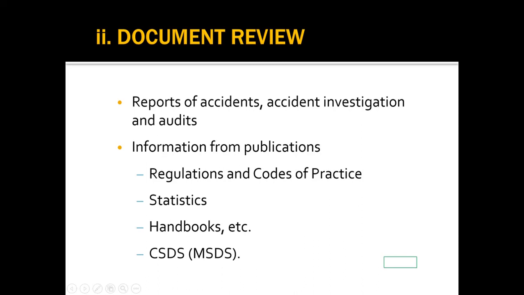And for the document review, you need reports of accident investigation and audits, and you need information from publications related to the regulation and code of practice, statistic handbook, and MSDS, or material safety data sheet.